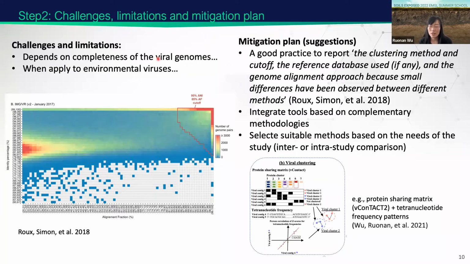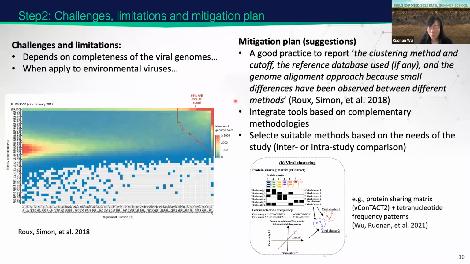And in addition, even for the ones that are long enough, the genomes of environmental viruses are highly diverse, as mentioned. Here is a similar heat map, but for the viral sequences deposited in the IMG/VR, a database with higher representation of uncultivated viruses detected from genomic data.